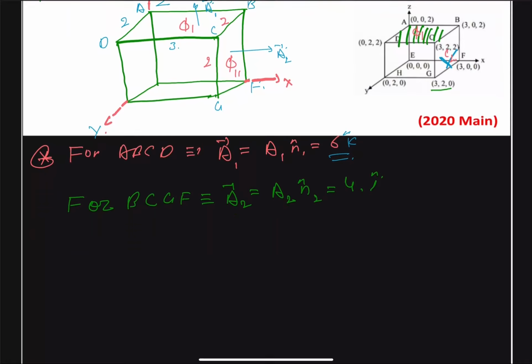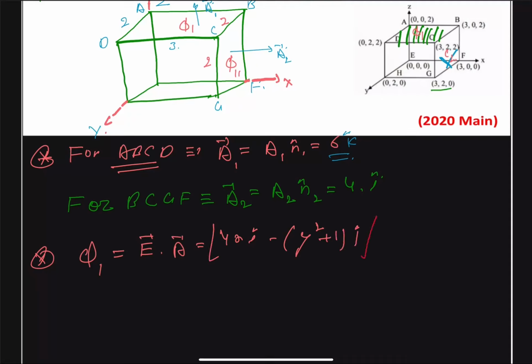So our phi 1, which is for the face A, B, C, D, will be equal to our electric field E dot the area vector. Electric field E is given to us: 4x i minus (y square plus 1) j unit vector, dot 6 times k unit vector.